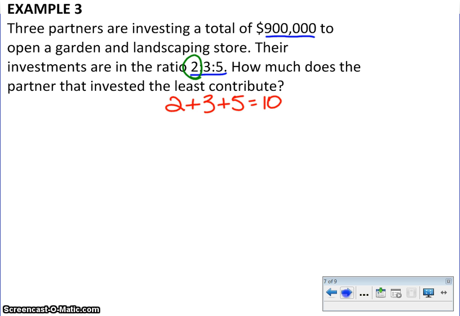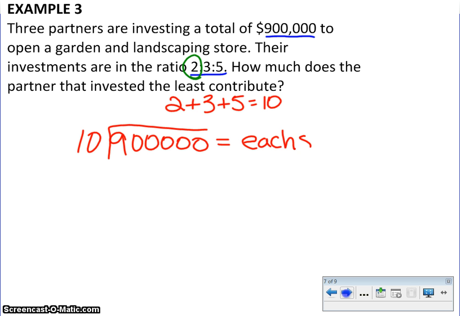So if we take the $900,000 for the investment and we divide it by 10, we find that each share is worth $90,000. Now, remember, it's asking about the least contributor.